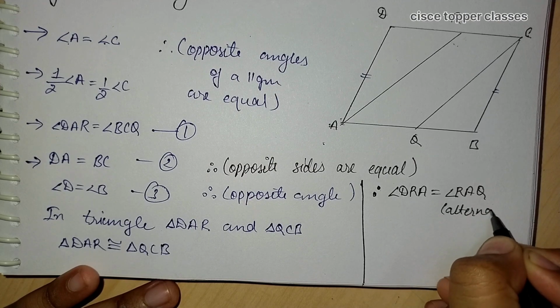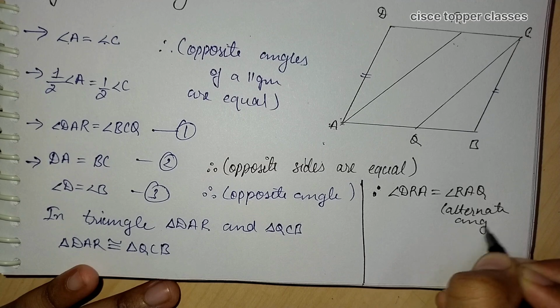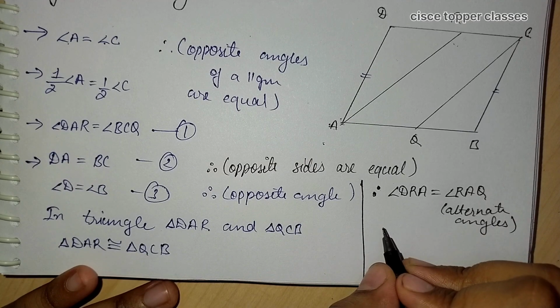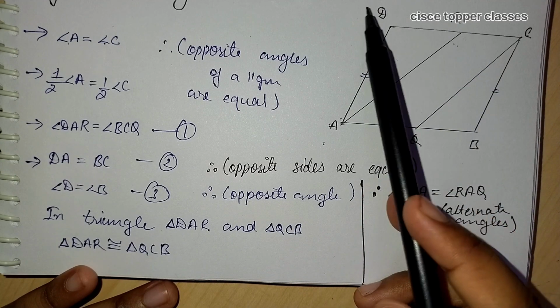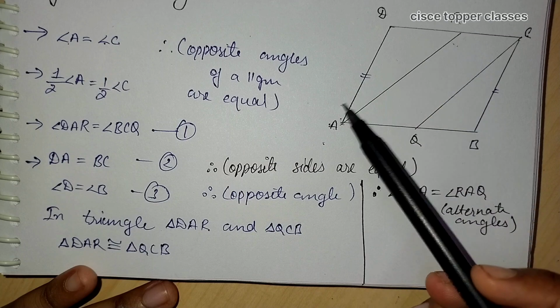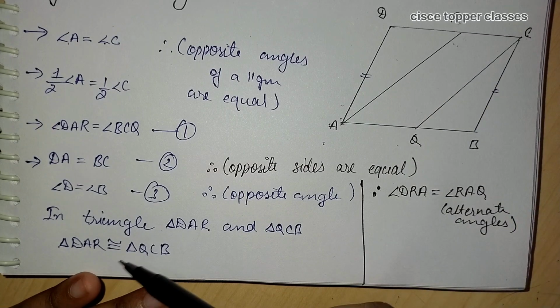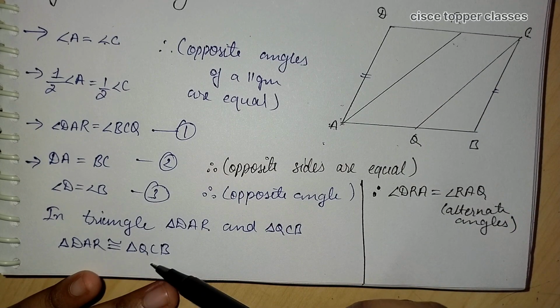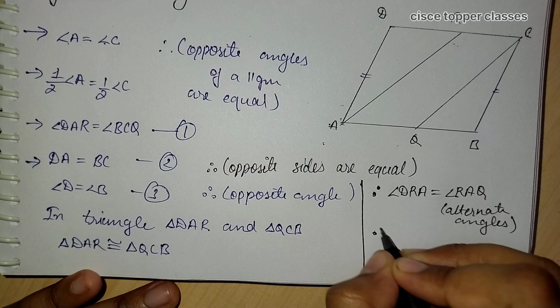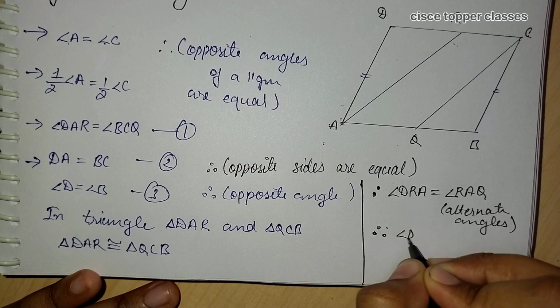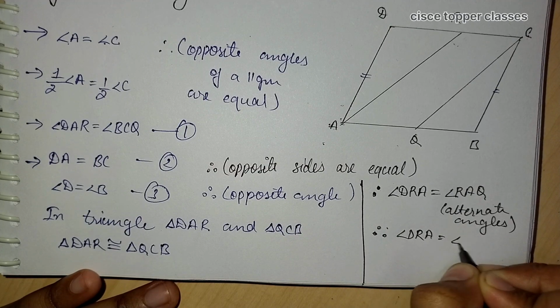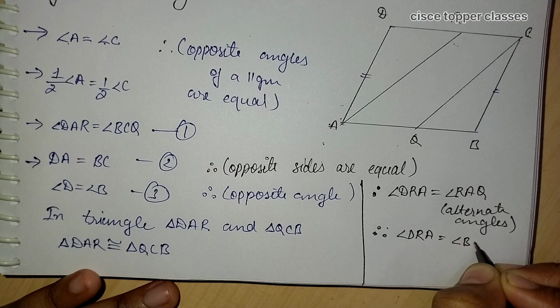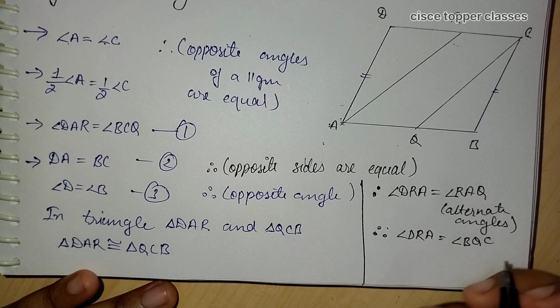Now, the second thing we can write from here, that angle DRA is equal to angle CQB, as CPCT in these both triangles. So again we can write it as angle DRA is equal to angle BQC.